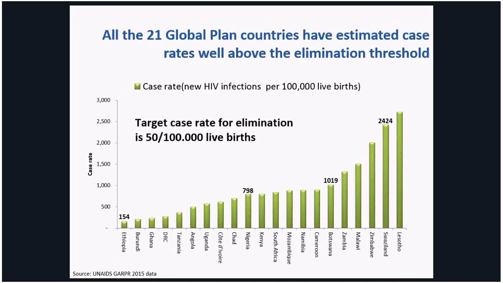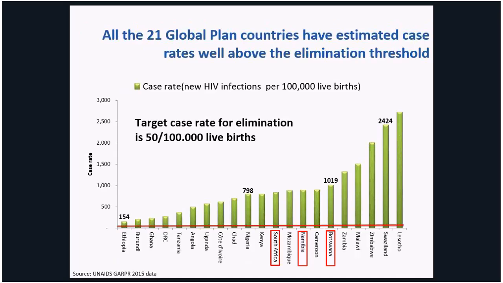Shows you where the red bar is, which is the elimination threshold of 50 cases per 100,000 live births. So if you click on the next slide, Jessica, you'll see that the three countries that I highlighted as being close to meeting all of the other process indicators, as well as the MTCT rate indicator for elimination, are well above the threshold that we need to reach for the case rate of 50 per 100,000 live births.